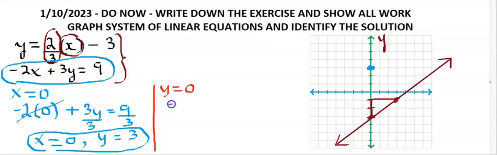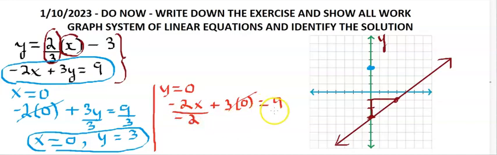Now I have negative 2x plus 3 times 0 equals 9. And what's 3 times 0? Just 0. And how do I get x by itself? Divide both sides by negative 2.